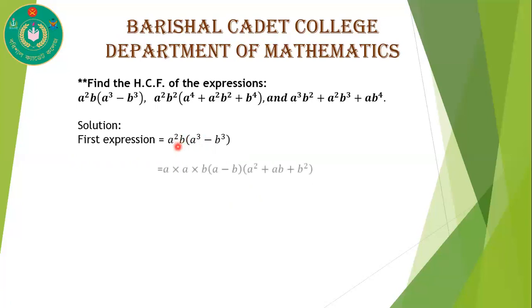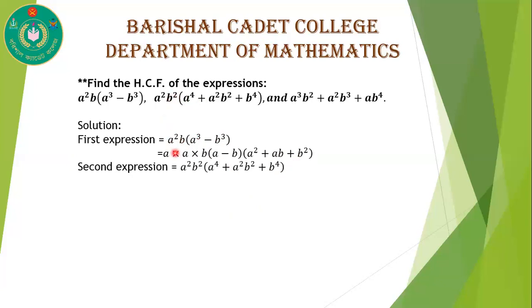Now we can write a into b. Here we can see a cube minus b cube is equal to a minus b into a square plus ab plus b square.